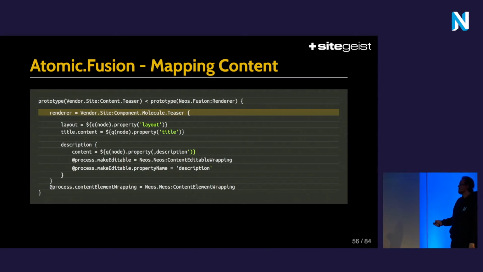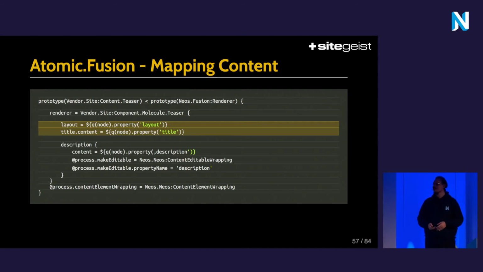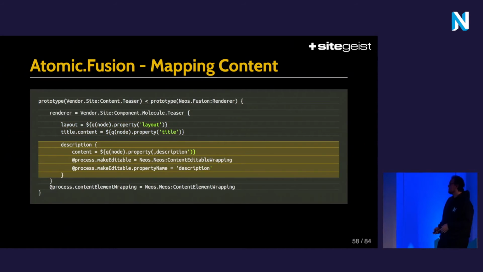So this is a presentational component, molecule teaser, and we put the node property layout into the layout prop. Here, the title property of the node goes into the title prop. And even if you want to have editable content, we can just wrap it like this and pass it as a prop as well.